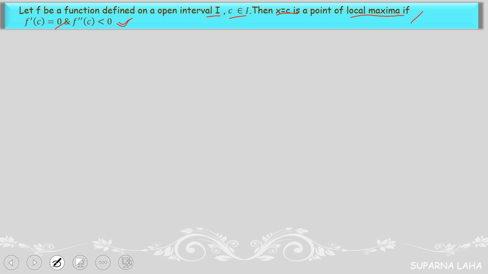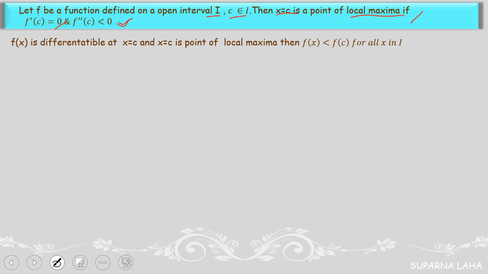So check what information I have. I have these two pieces of information: the function is differentiable and x is equal to c is the point of local maxima. If it is a local maxima, then it will satisfy its definition, that is f of c is the highest value among all f of x.